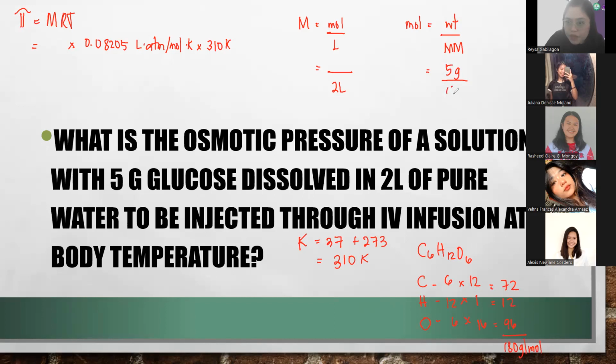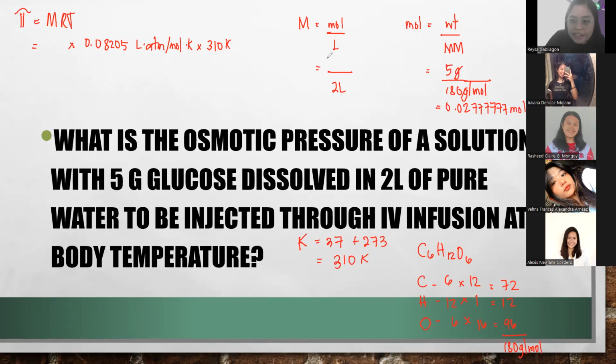So yan yung gagamitin natin here. 180 grams per mole. Cancel the grams. 5 divided by 180 is 0.0277. Yeah. Bakit merong grams? This is moles. Okay? So, meron na tayong moles.